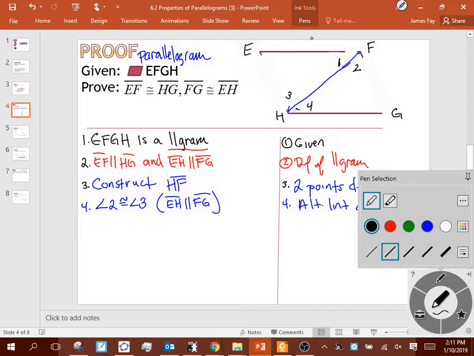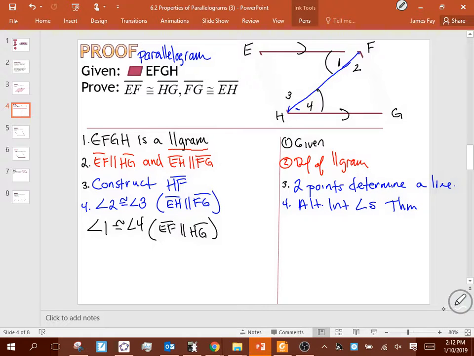And now do you see that because that one and that one are parallel, we create angle 1 and angle 4? So I'm going to say angle 1 is congruent to angle 4, and that's because EF was parallel to HG. I'll put all that under statement number 4 and reason number 4, because they're both alternate interior angles there, right?